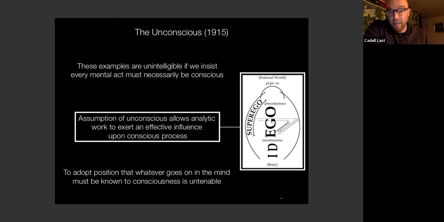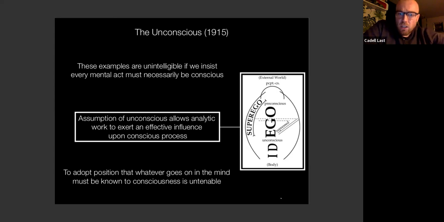In the other way of saying it, if we do insist that all mental acts are conscious, it's impossible to make sense of parapraxes, slips of the tongue, dreams, ideas that come out of nowhere, symptoms and obsessions, which are really essential to study and essential to understand on any meaningful spiritual pathway where you're actually interested in understanding yourself. So the unconscious does have also spiritual implications, I think.